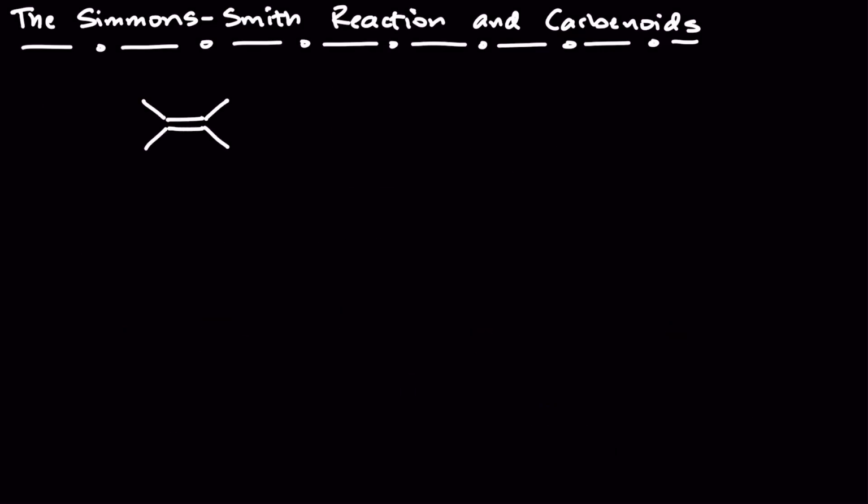Now in the actual Simmons-Smith reaction, if you have an alkene and you treat that alkene with your diiodomethane, your zinc copper couple in your ether solvent, recall that your diiodomethane reacting with your zinc copper couple is going to form your iodomethyl zinc iodide, which once again is a source of CH2 in a reaction.